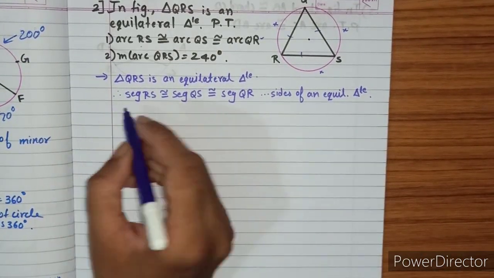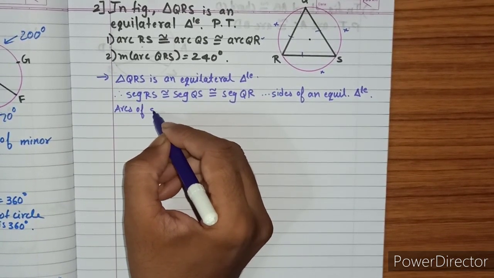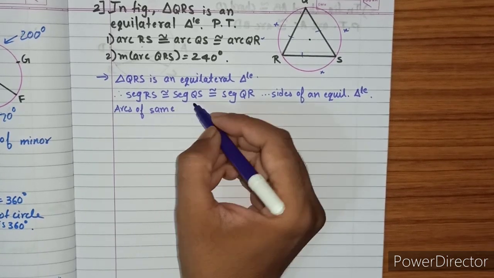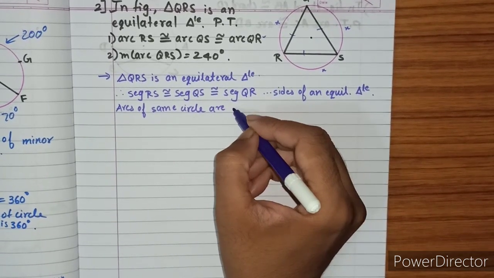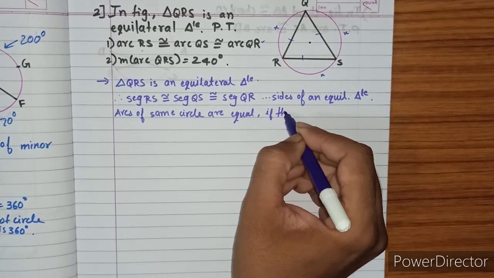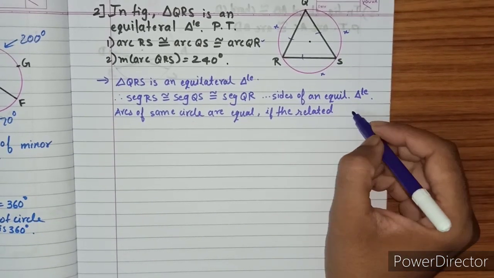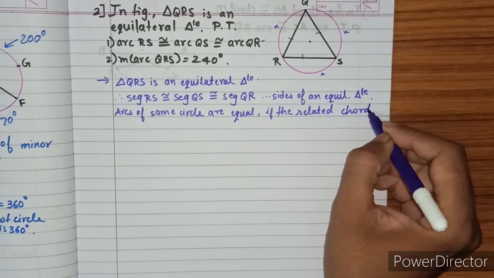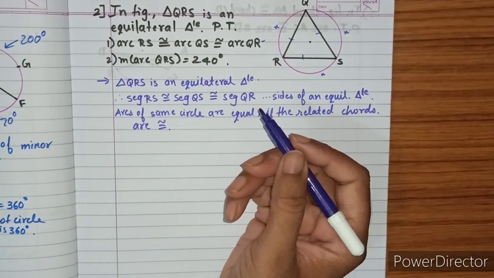Okay. Now, as we know that arcs of the same circle are equal if the related chords are congruent.